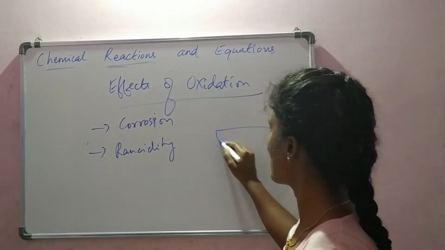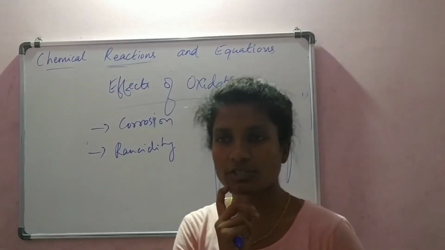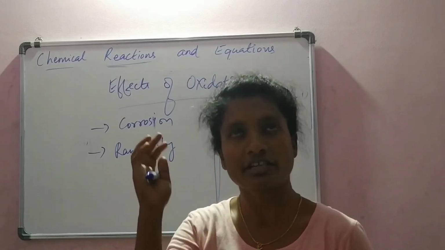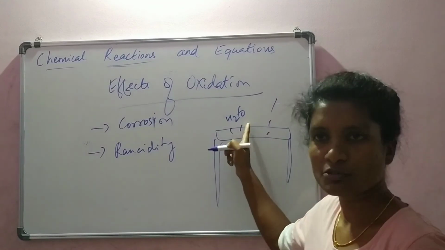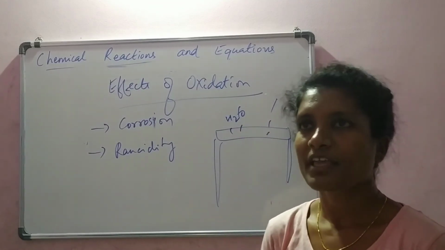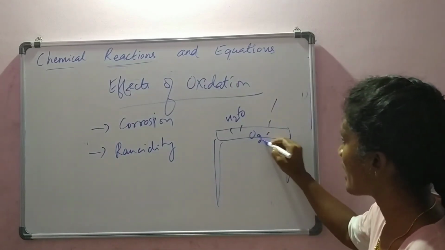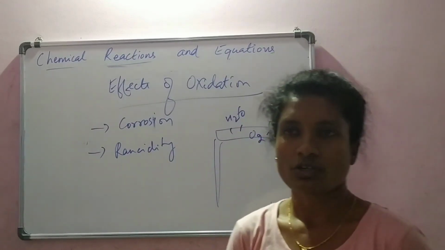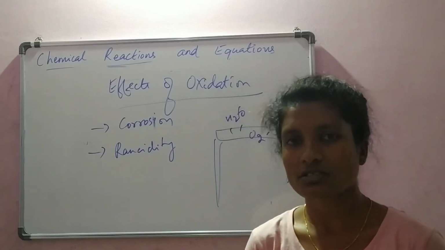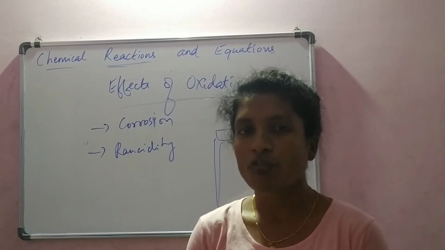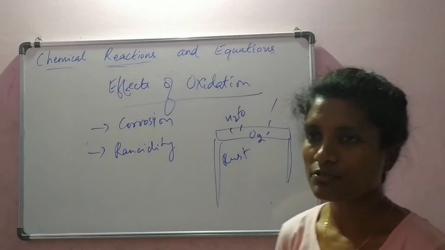Yesterday I told you iron bridges are made. Iron bridges are exposed to atmospheric air and to rain. Rain falling means H2O is falling, and H2O has oxygen. So this iron combines with atmospheric oxygen or water to form an extra product called rust. Rust is formed.